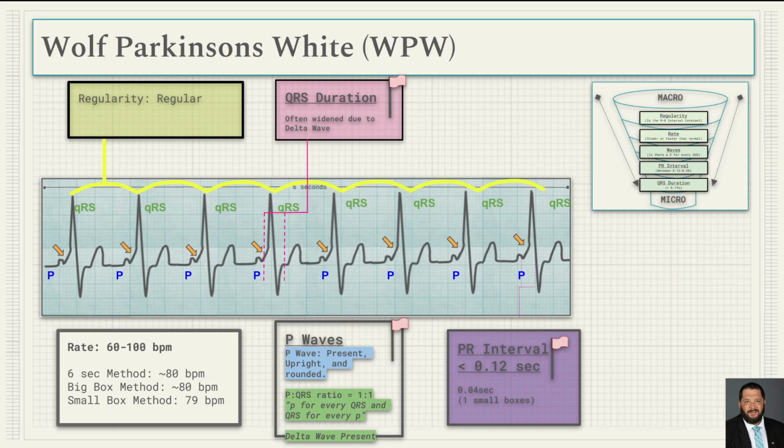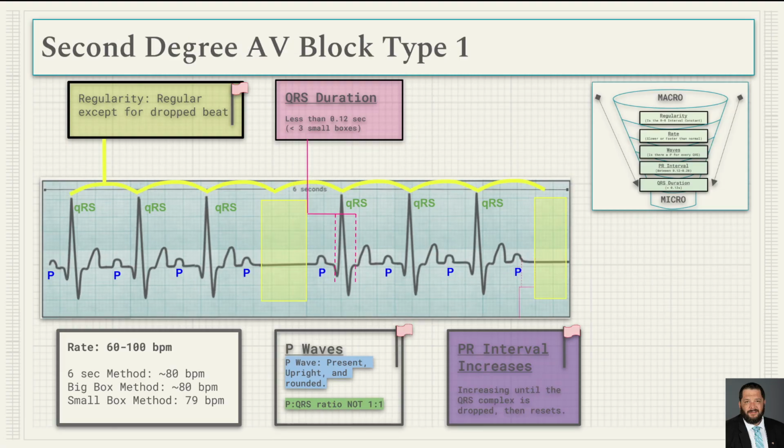The P waves are still there, but you have a merging of the QRS complex and the P wave together, which creates this delta wave, hallmarked by the orange arrows on the screen. This denotes specifically a pre-excitation syndrome of Wolff-Parkinson-White.